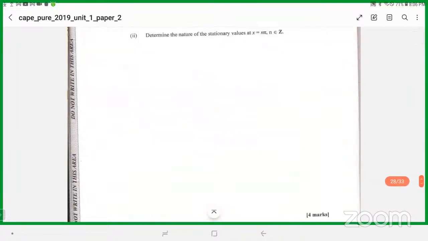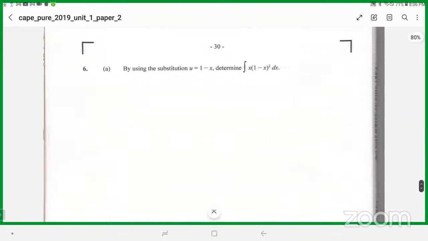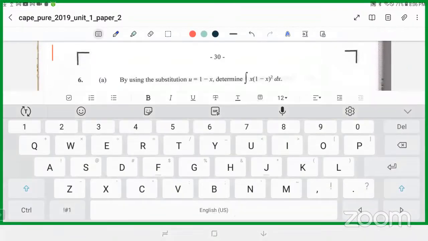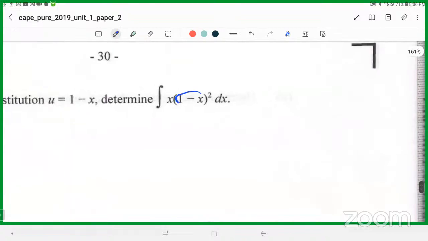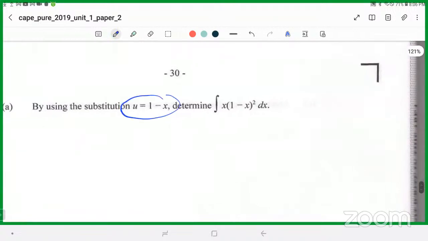All right, here's one. Again, similar kind of thing, but this one is a little bit different. Why? If you differentiate what's inside here, I'll get a -1, but I have x out here. But you still have to work with what they give you. They tell you what substitution to use.